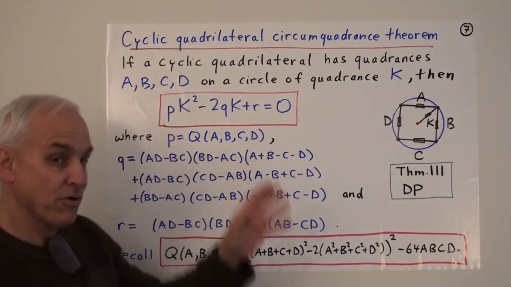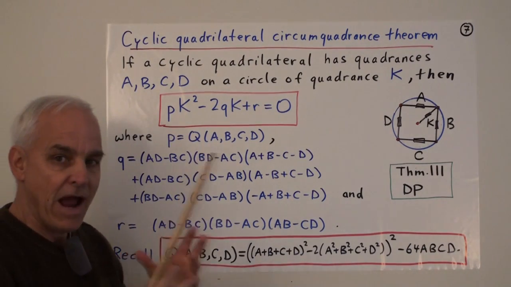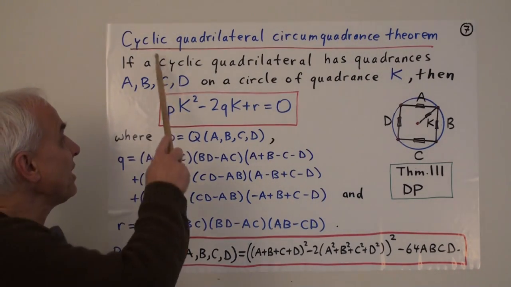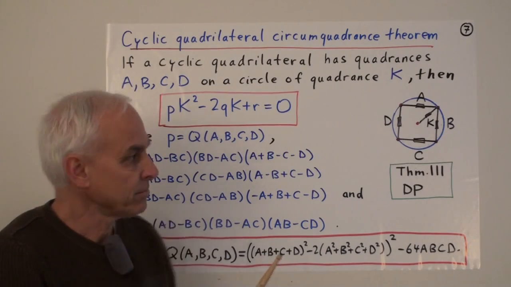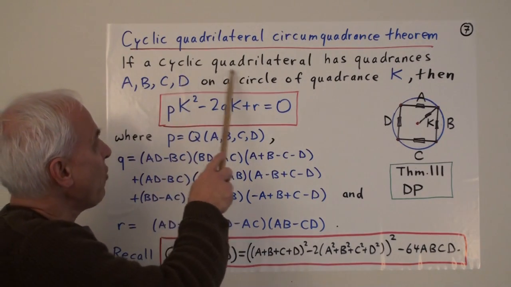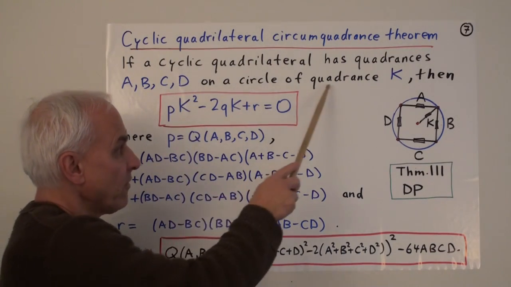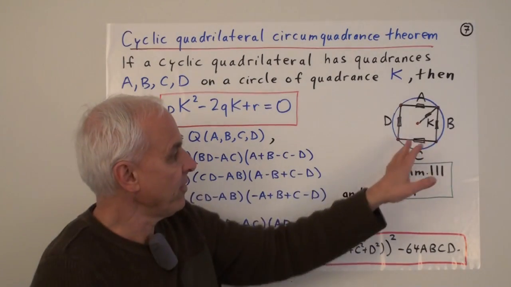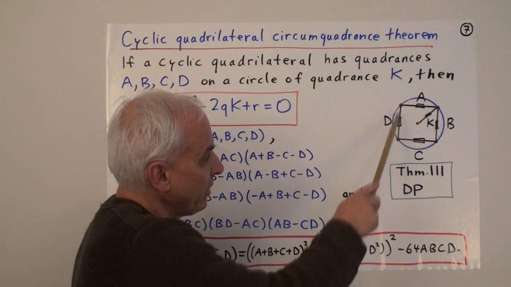Alright, so here is my version of the Parameshvara formula in a purely rational algebraic formulation. We'll call it the cyclic quadrilateral circumquadrance theorem. And it is that if a cyclic quadrilateral has quadrances A, B, C, D on a circle of quadrance K, so a situation like this is a circle of quadrance K. We have a cyclic quadrilateral.